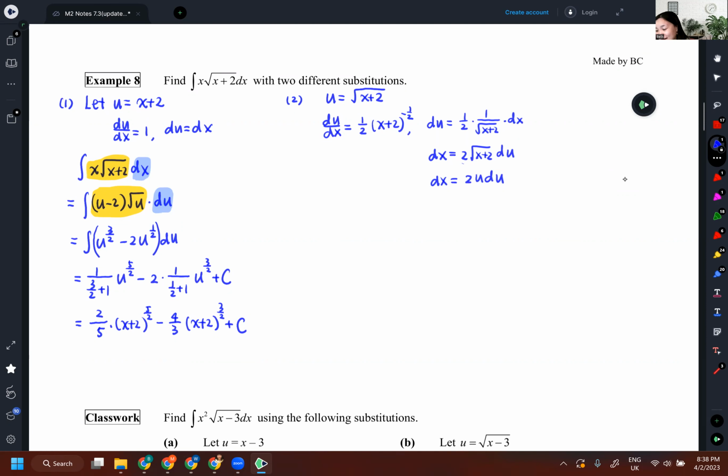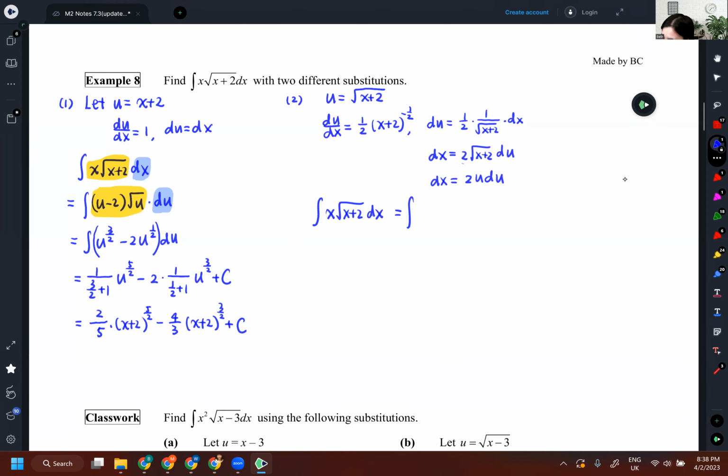So you do that, and then your integral will work out. This one is x over root x plus 2 dx. Now here x is u squared minus 2, this one is u, and dx is 2u du. Okay.